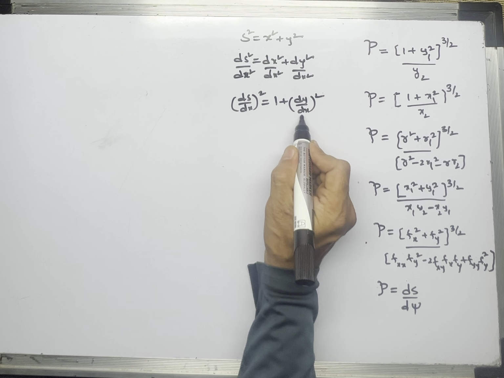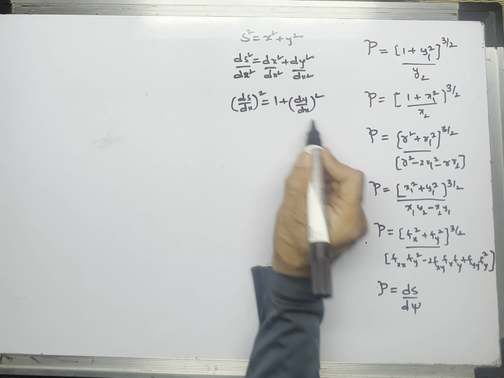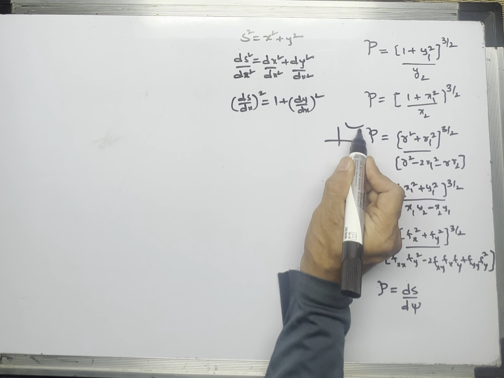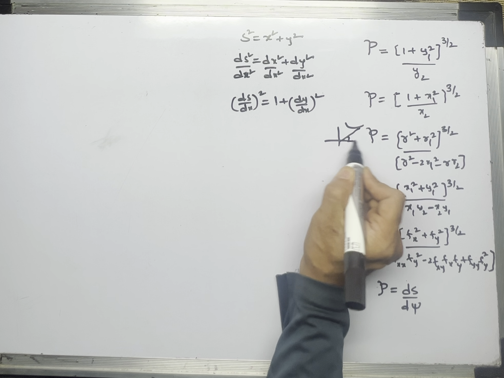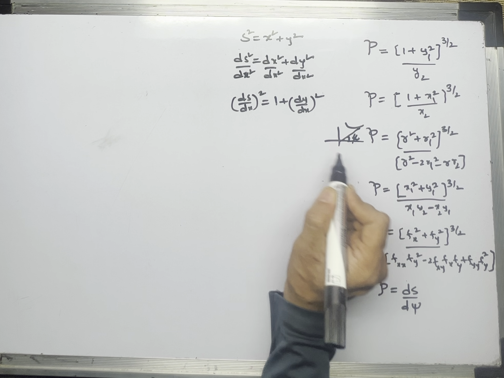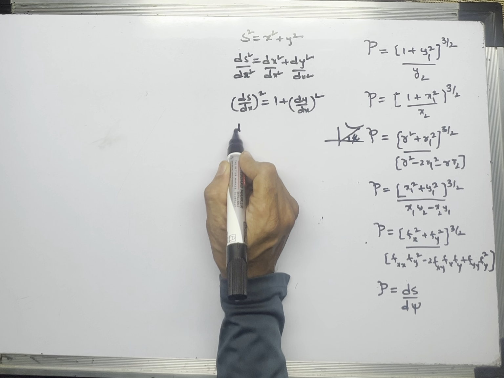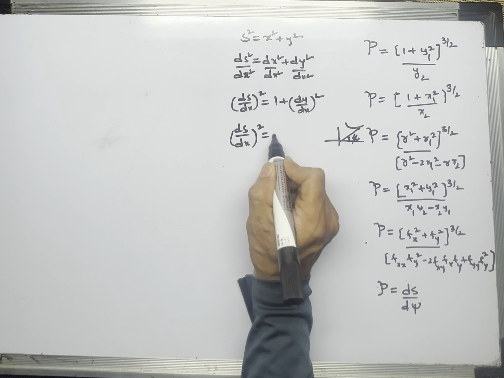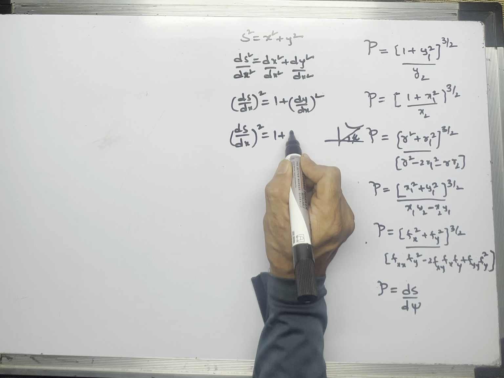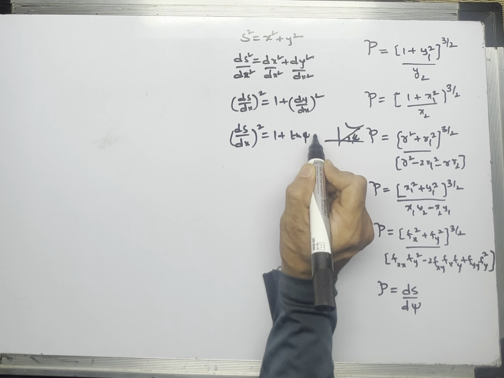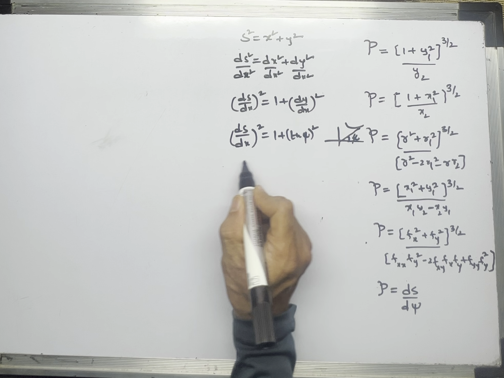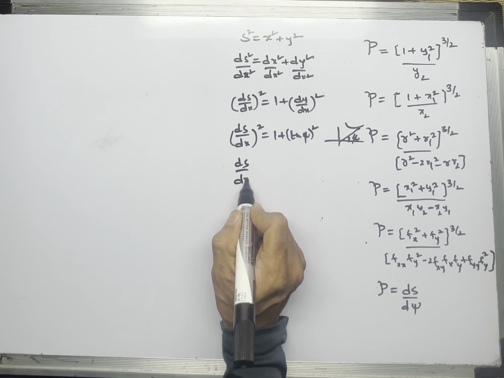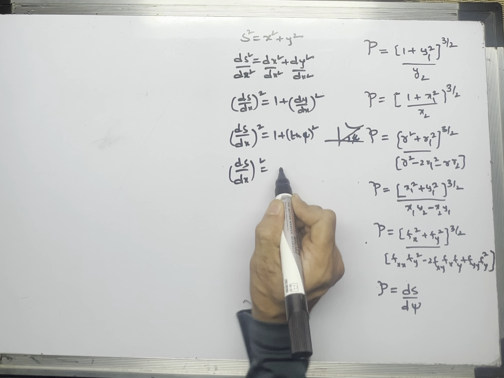We know that dy by dx is slope. When the curve is given to us, suppose this angle is psi, so dy by dx is tan psi. We take tan psi whole square. 1 plus tan square is secant square.